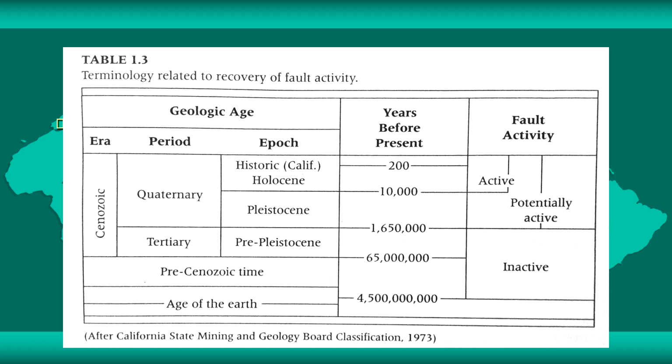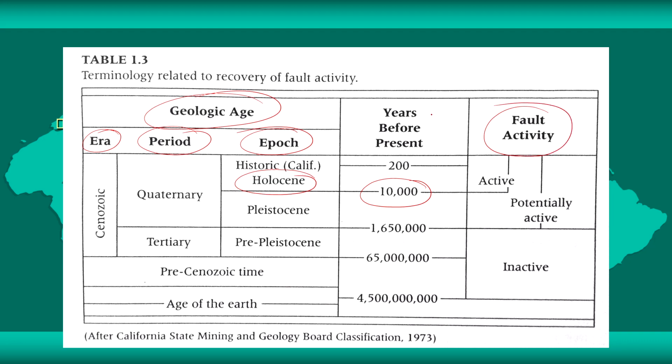So, if we look at the terminologies related to faulting activities, we have geological age, which we can say as era, period and epoch. We are looking at the Holocene, and that is 10,000 years.